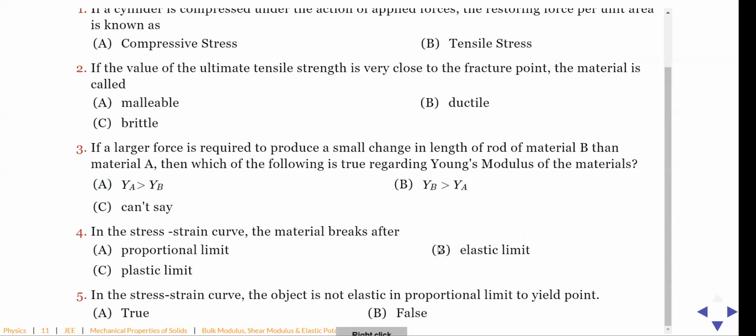Fifth one. In a stress strain curve, the object is not elastic in proportional limit, beyond this point, beyond yield point. True or false? Tell me.